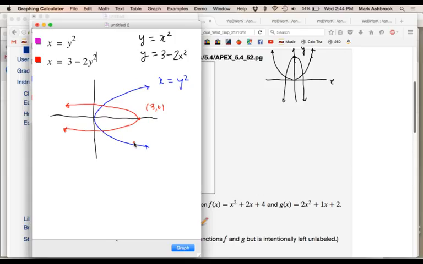My experience is the students overlook that, and they just end up with the top half because they're using their graphing calculator. Same with the other one too. If you solve for y, and you don't do a plus or minus and have two functions, you're only going to graph the top half. So that's why it's important, especially for x equals y squared, or x equals an expression of y, that you can handle it without a graphing calculator.